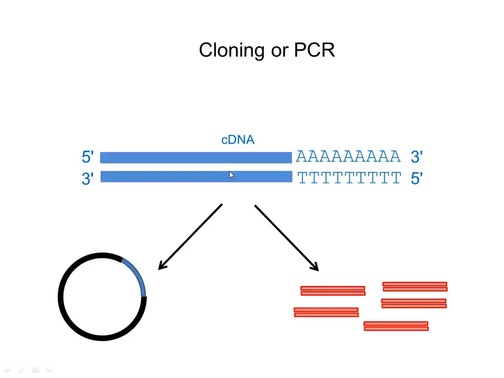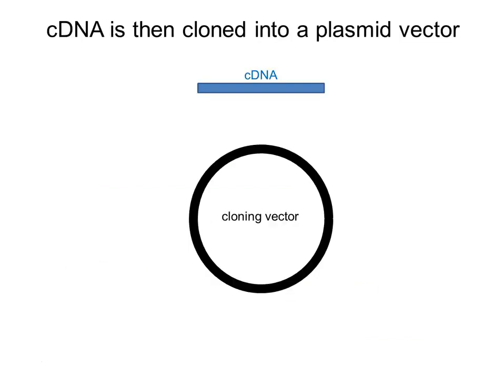Now once we've done that, we're going to have millions of different copies of cDNA reflecting all of the mRNA that was present in that cell at that time. And we have two choices. We can either clone it into cloning vectors, or we can use specific PCR to amplify up a sequence of interest. To do the cloning, we're going to take a cloning vector, typically a circular plasmid.